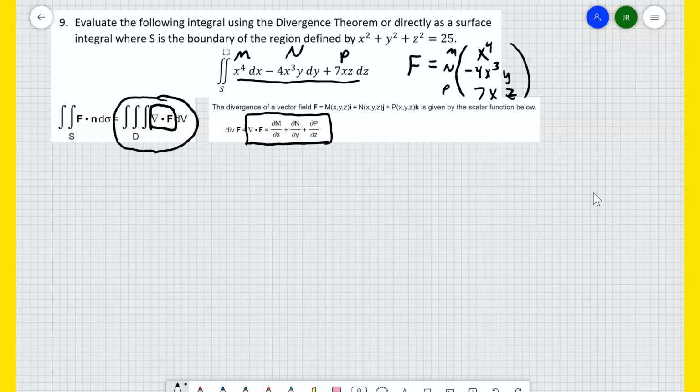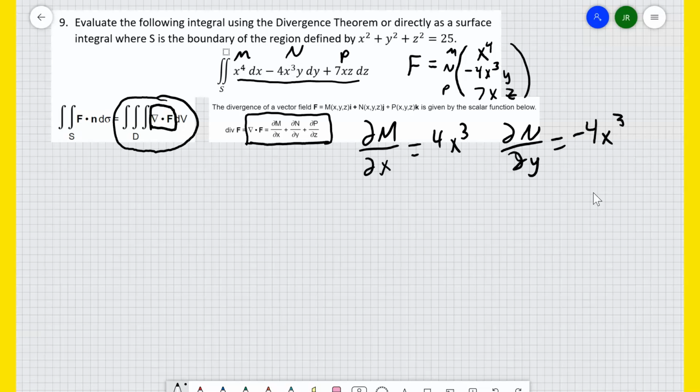So let's do that. Alright, the partial derivative of M with respect to x is going to be the derivative of that with respect to x, which is 4x cubed. The partial derivative of N with respect to y is going to be negative 4x cubed.